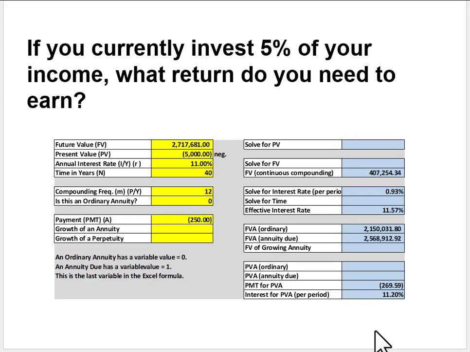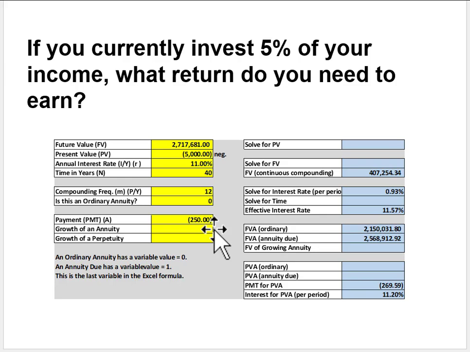One of the things we said is, if you're currently investing like 5% of your money, what rate of return do you need to get on your current plan in order to get to retirement the way you want to? So in this case, we said your payments, you're going to invest $250 a month.